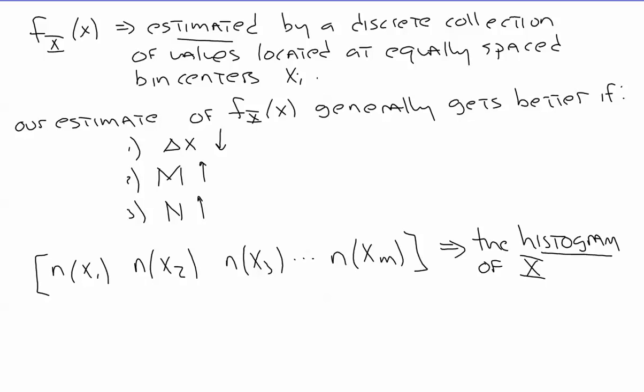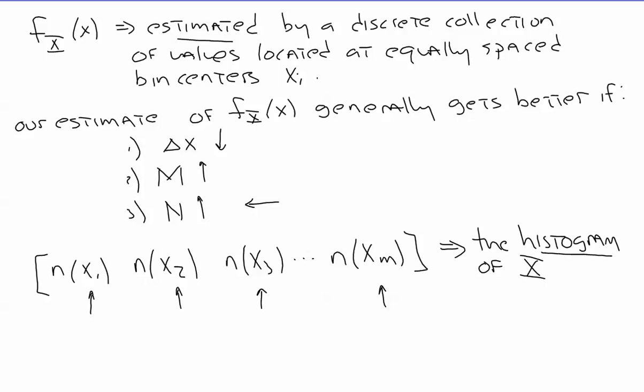Calculating the histogram is generally the hardest part. Remember, we're starting off with N samples of my random variable x, and the first thing we have to do is sort them into a collection of bins. A bin centered at x1, a bin centered at x2, x3, all the way up to M bins. We have to sort our data and find out how many sample points fall within each of my bins.